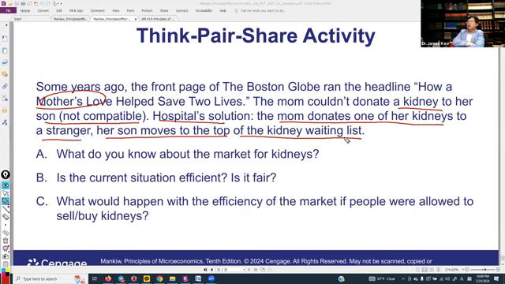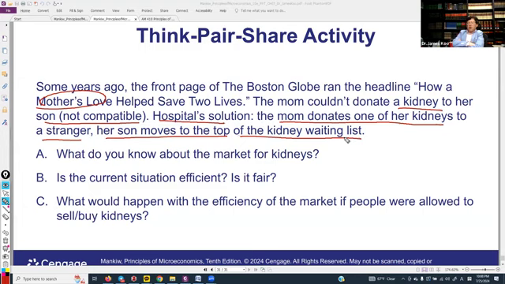What do you know about the market for kidneys? Is the current situation effective? Is it fair? What would happen to efficiency in the market if people were allowed to sell and buy kidneys? Actually, this is a huge problem for humanity. How about you? Your opinion?